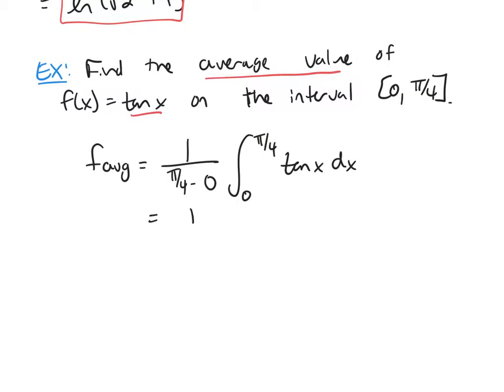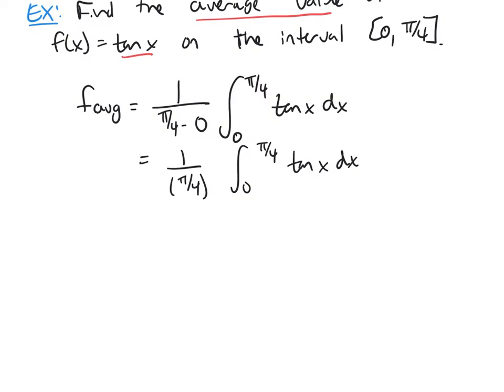So here we're getting 1 over pi over 4, and then the integral from 0 to pi over 4, tangent x dx. So I can flip pi over 4 up as a 4 over pi. And now, what's the integral of tangent? We talked about that in the last video.